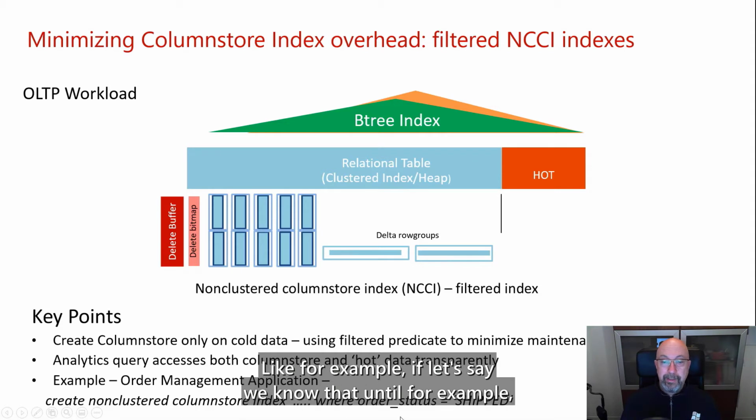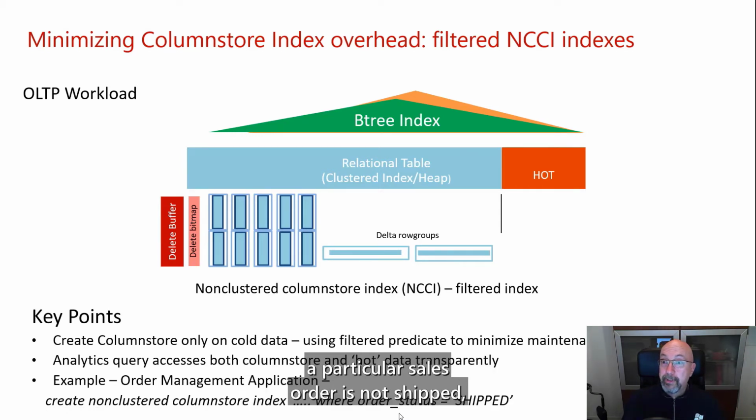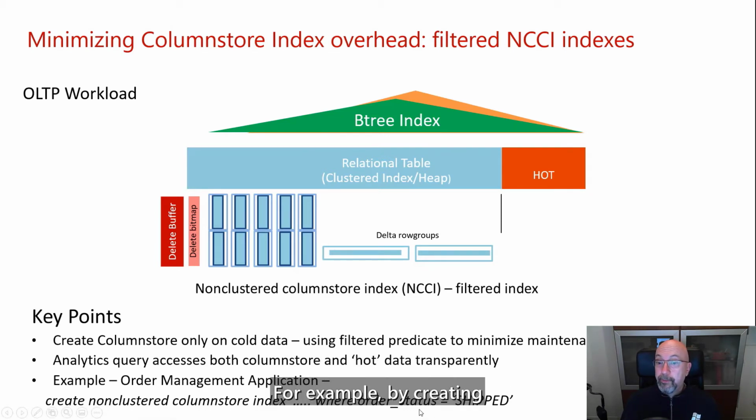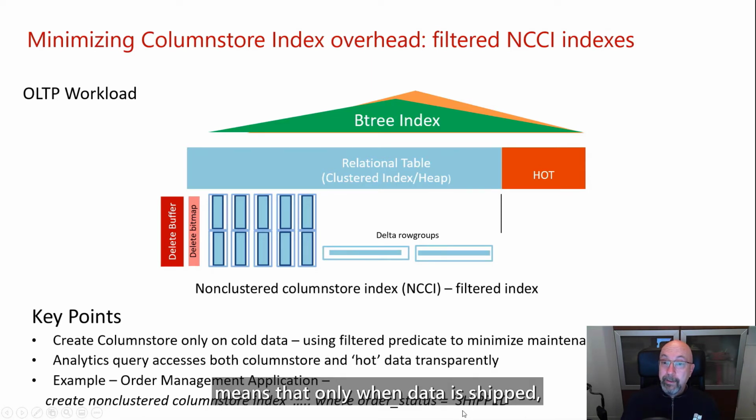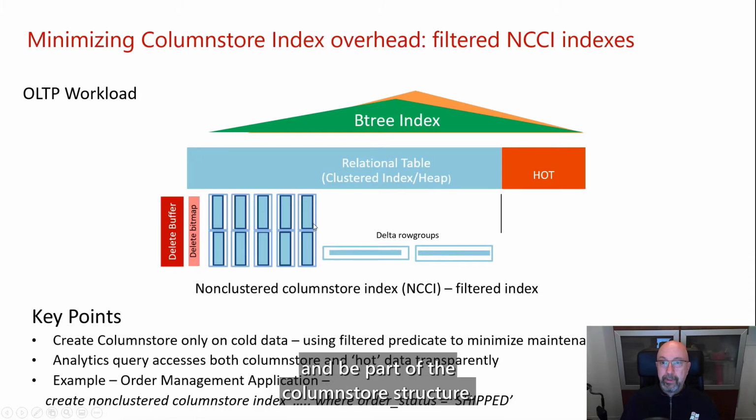For example, let's say we know that until a particular sales order is shipped, it may be modified. By creating the column store index where order status equals shipped, only when data is shipped can it be compressed and become part of the column store structure, right?